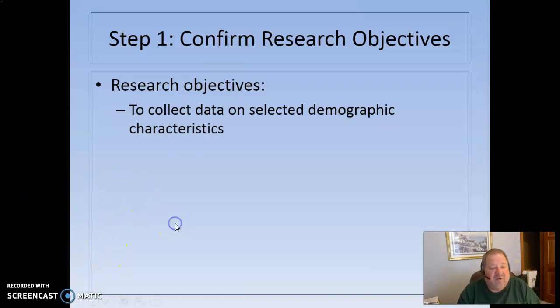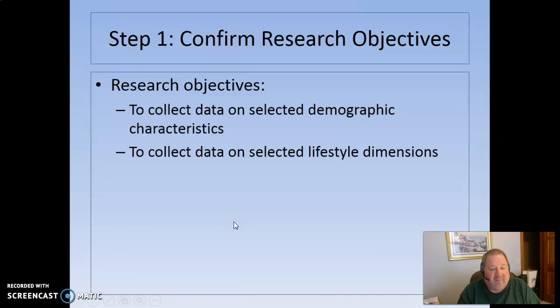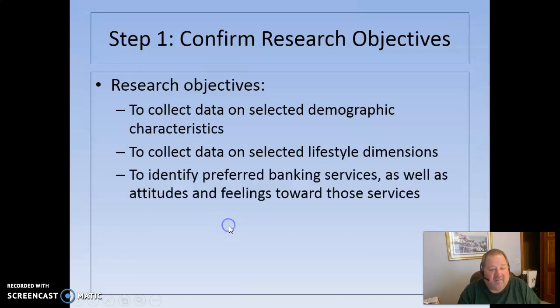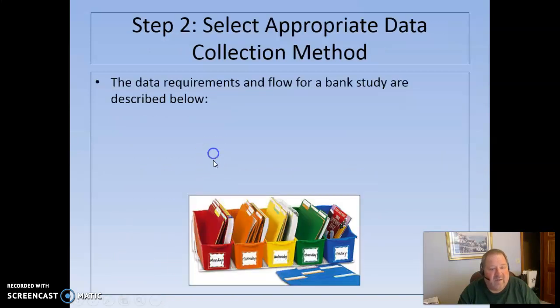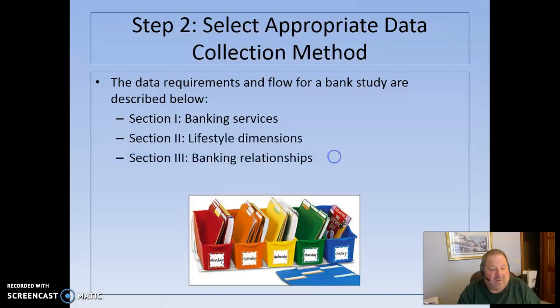Based on those objectives, they're going to collect selected demographic information, lifestyle information, identify preferred banking services as well as attitudes and feelings, and then identify demographic lifestyle characteristics of its market segments. In the second part, we choose the data collection method, and they have broken it down into four different sections: banking services, lifestyle dimensions, banking relationships, as well as demographic characteristics.